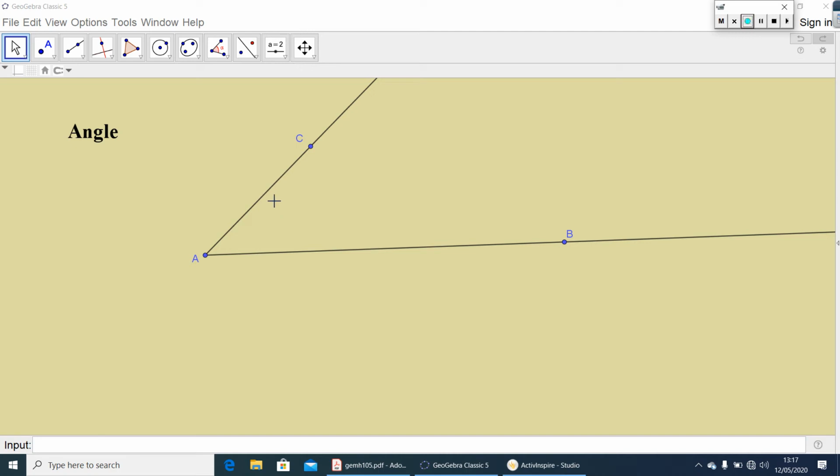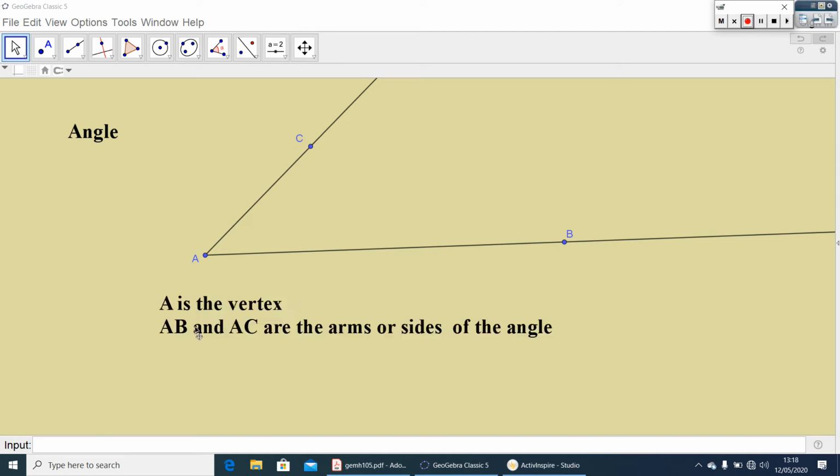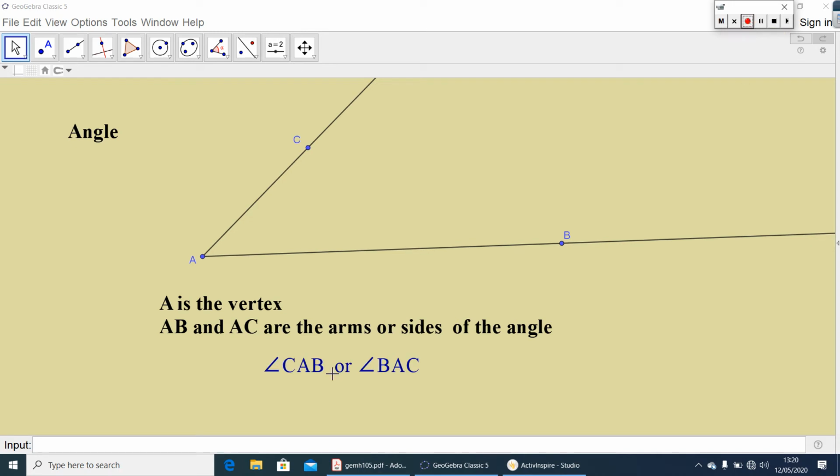That is, A is the vertex and AB and AC are the arms or sides of the angle. This angle we can write as angle CAB or angle BAC. These are all things you learned in class 6.